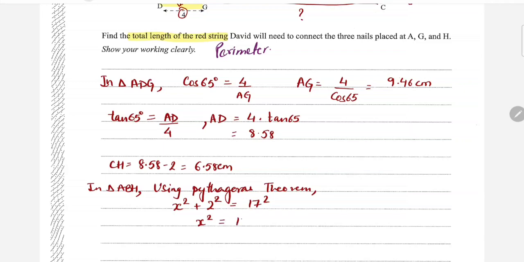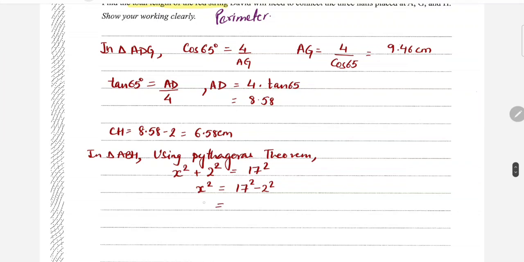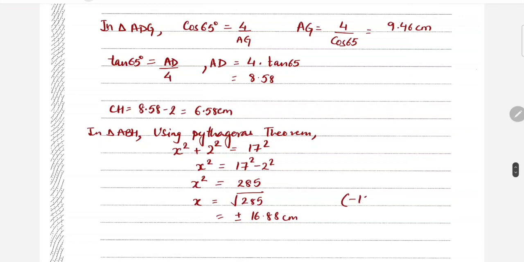So x squared is equal to 17 squared take away 2 squared. You can use your calculators in there. Not square root yet, so x squared is equal to 285. So x is equal to root 285, which is equal to plus or minus 16.88 centimeters. All right, again, negative 16.88 is invalid.